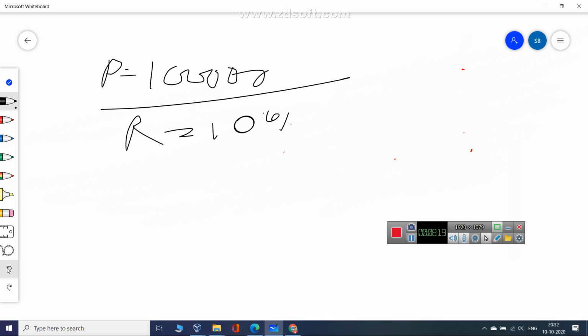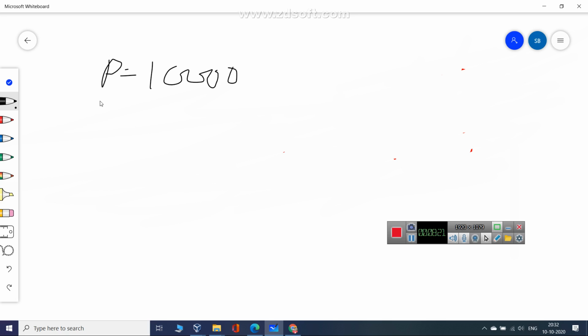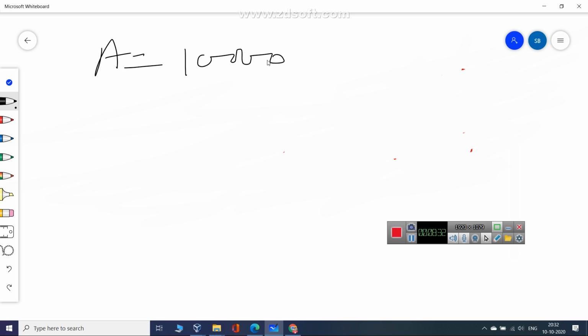Now we go through the formula. A equals 1 lakh into (1 plus R by 100, that is 10 by 100) to the power T, where T is time.